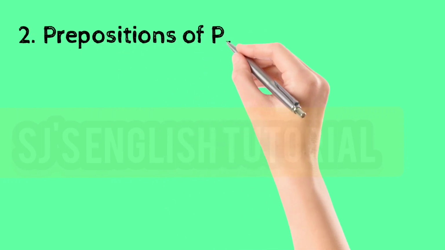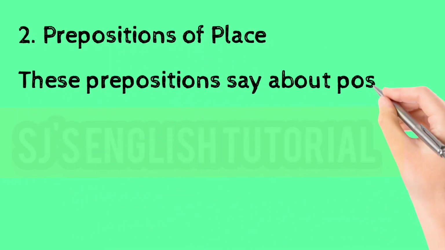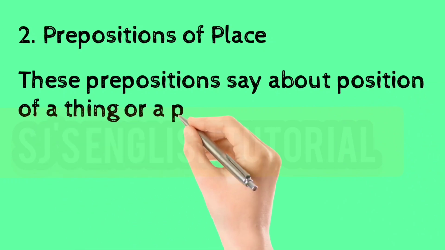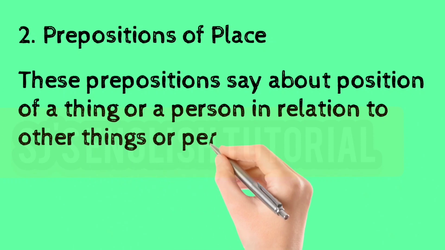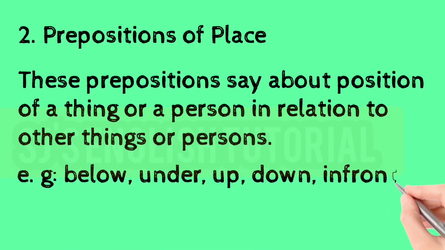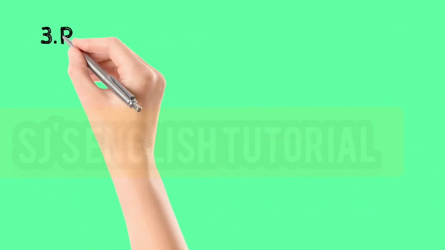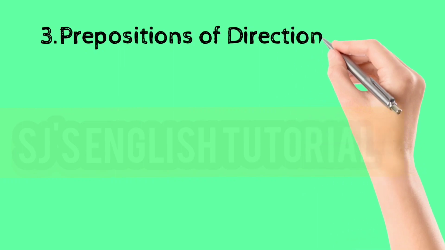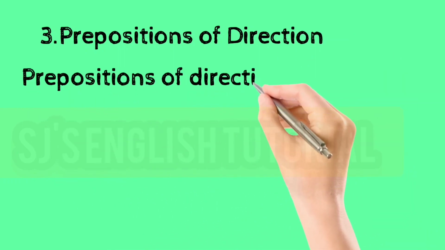The second one is prepositions of place. These prepositions say about the position of a thing or a person in relation to other things or persons. For example, below, under, up, down, in front of, behind, over, above, etc. The third one is prepositions of direction.